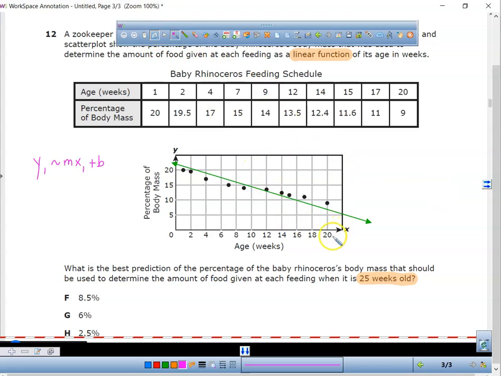Now, over here, if this is 20, what's this point right here? 22, which means right about here would be 24, which means right about here, it's not perfect, but right about here would be 26. So if we just use some estimating skills, would you guys agree, right about there would be 25? So I'm just using a little bit of estimating before we start typing in all of our numbers.